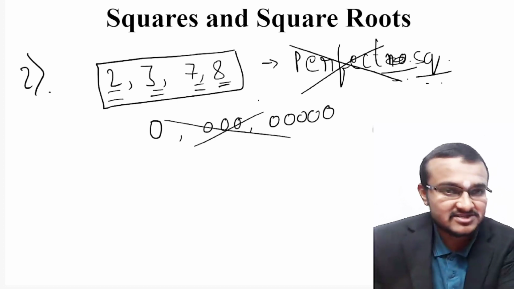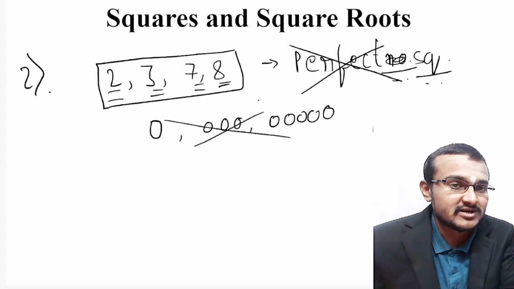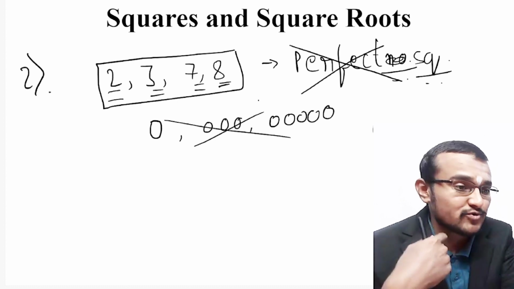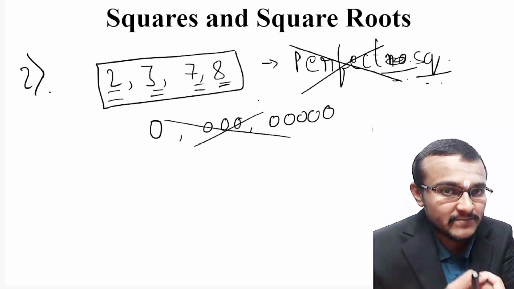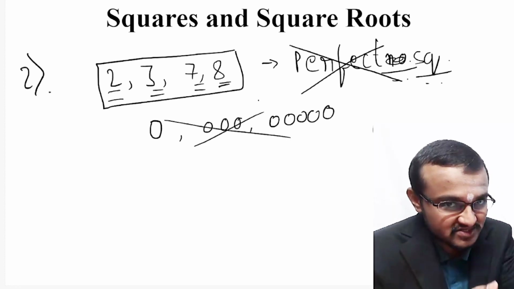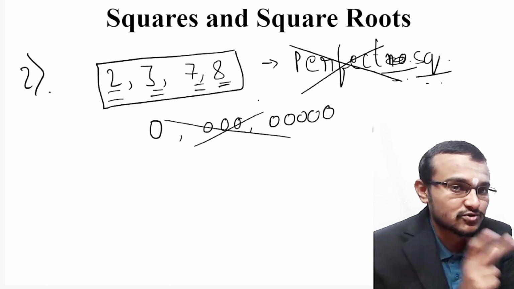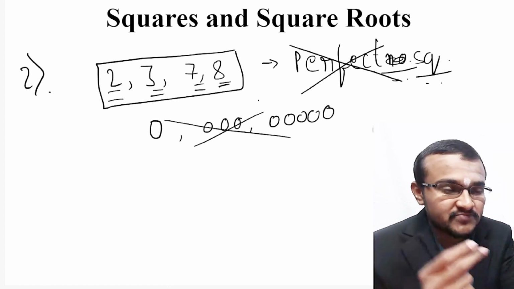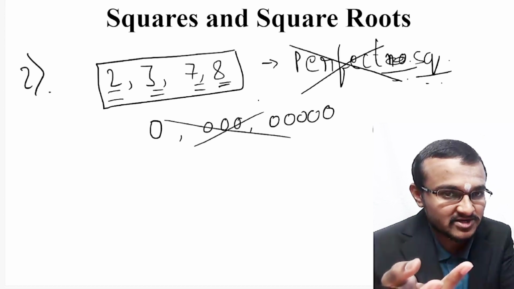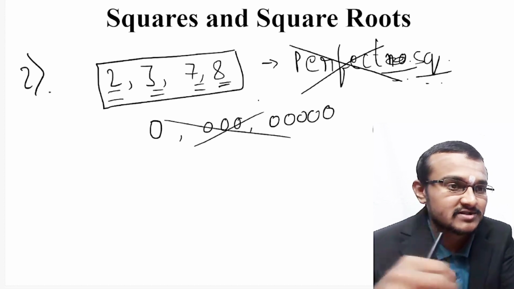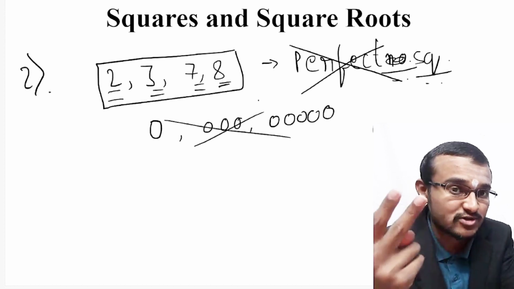Because, as I mentioned in one of the properties in the previous video, if you take the square of any number which is ending with a certain number of zeros, then the square number will have 2 times the zeros which are there in its square root. So for example, 10 is a number which has 1 zero, then the square of 10 will have 2 zeros in it.